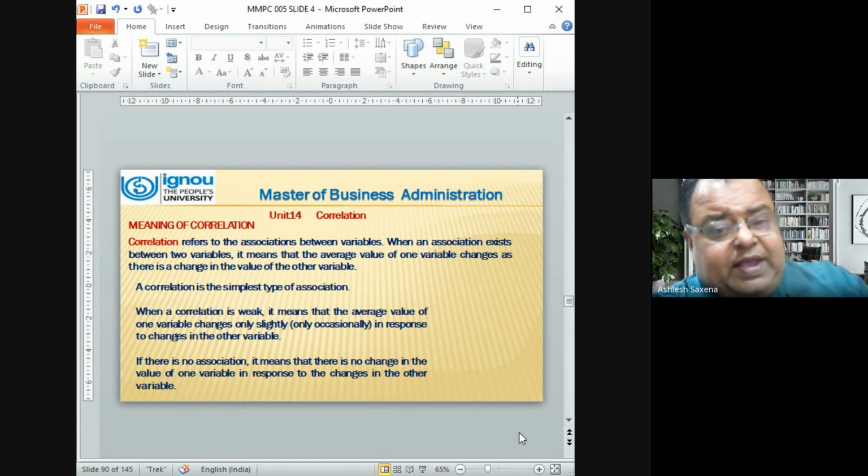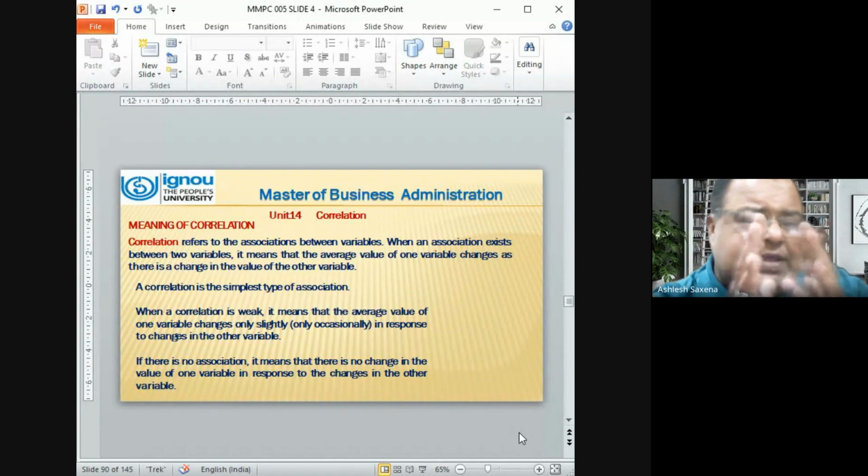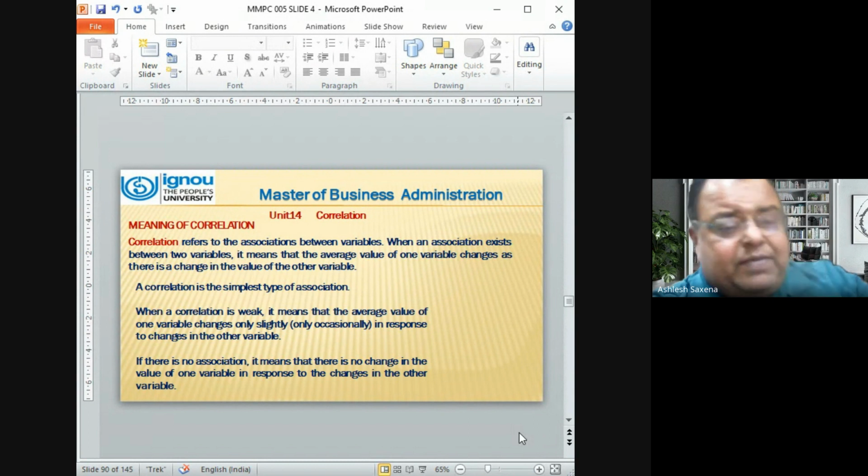When an association exists between two variables, it means that the average value of one variable changes as there is a change in the value of another variable. Correlation means they are somewhat related. So here we will be using some mathematical terms and formulas for relating two variables.